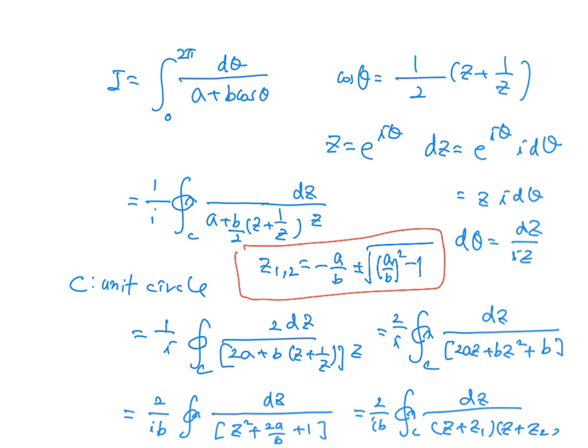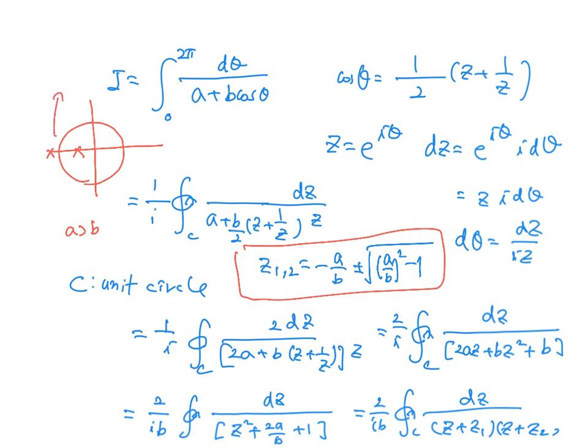So we can say, if you assume a is larger than b, then we have 2 points here.